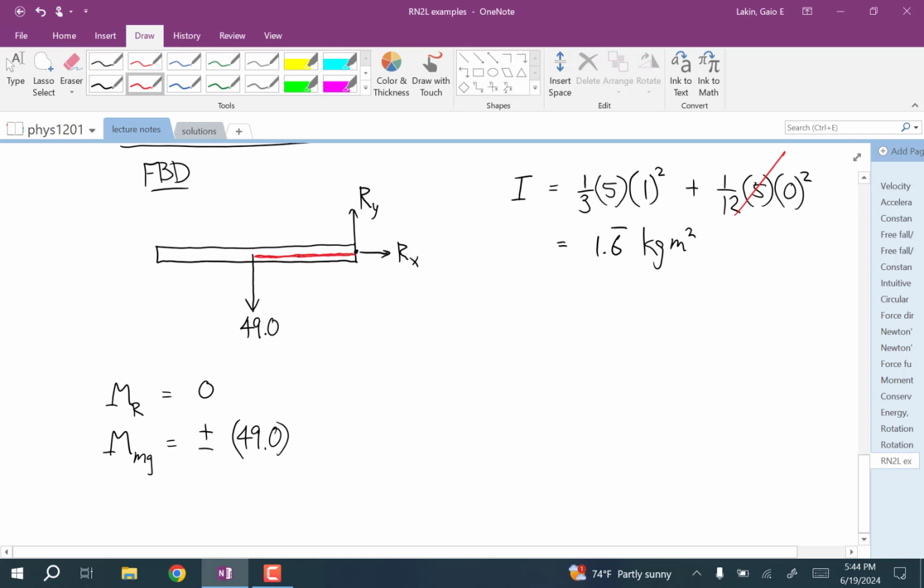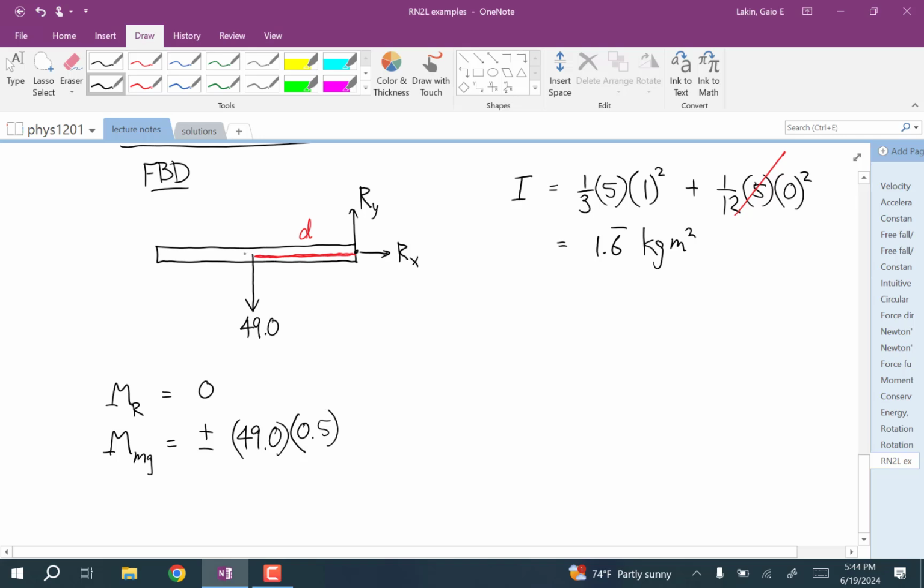We didn't have to move the force at all along its line of action in this case because that force is already perpendicular to that red line. The length of that red line, d, is half of the length of the beam, so just 0.5.